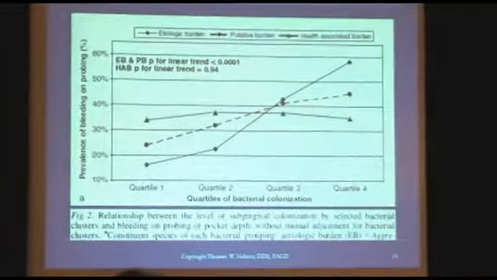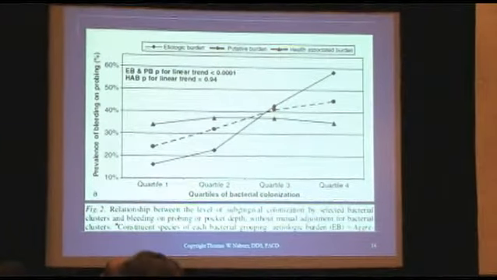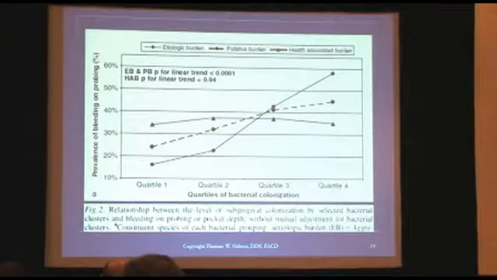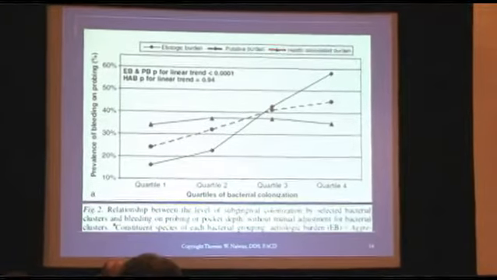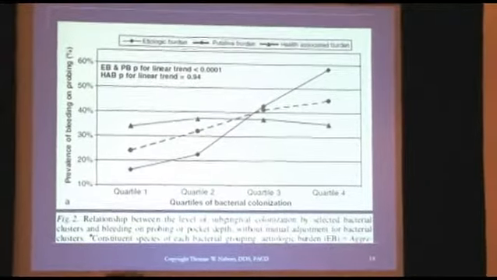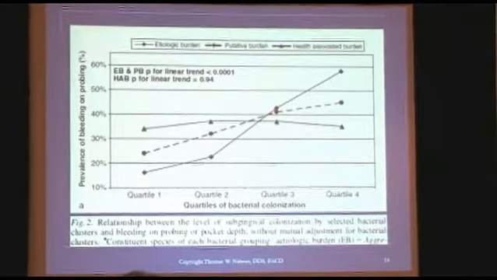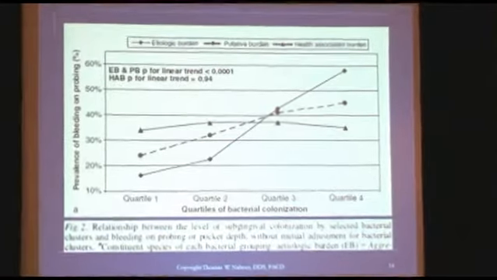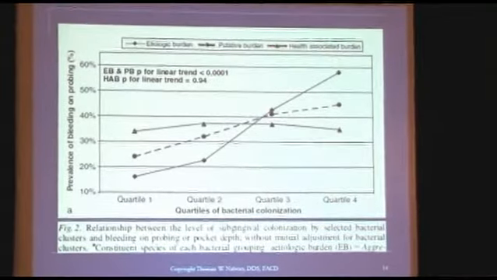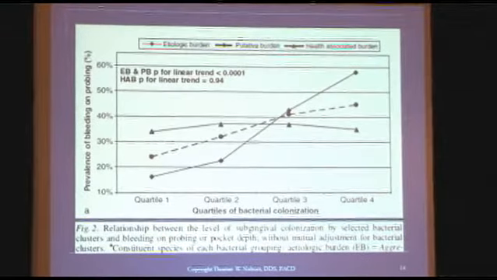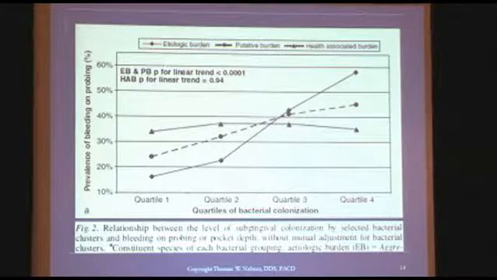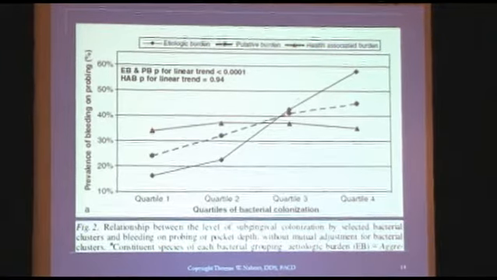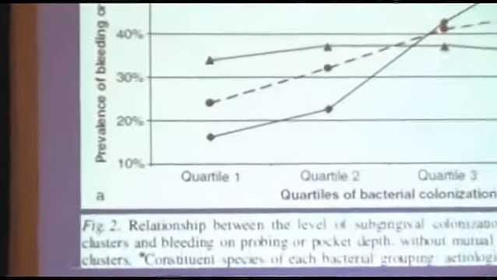it's a disease. So when we look at the prevalence of bleeding on probing broken down into level of subgingival colonization, that's dose or concentration. That's the black line that you see on the report. Everybody get this? So when we look at levels of bacteria of these classifications, look here. And this particular one right here is the EB, or etiologic burden, the high-risk bacteria. So when there is very low burden, you do get about a 15% bleeding on probing based on full mouth.